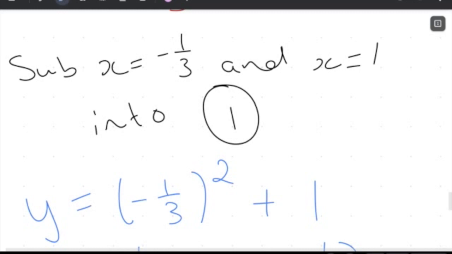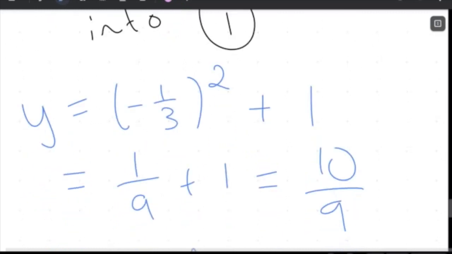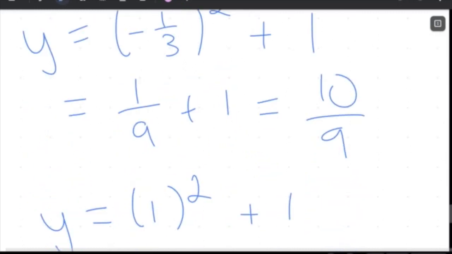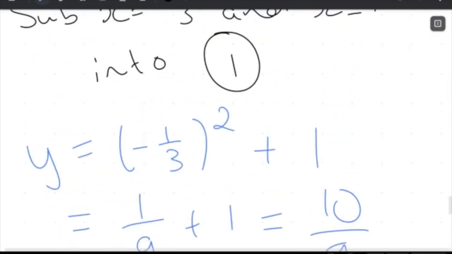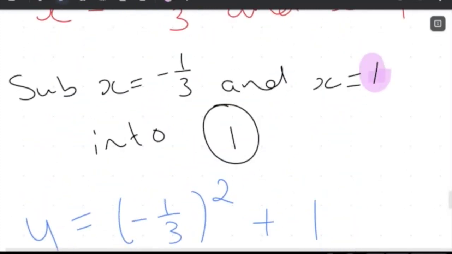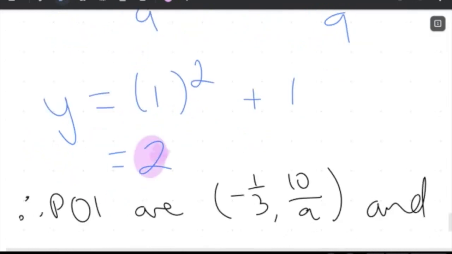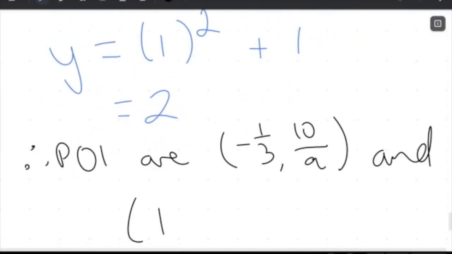When x is negative 1/3, y is 10/9. That's going to be negative 1/3, 10/9. And when x equals 1, y equals 2. So that is my next point. 1, 2. So that brings us to the end of this video.